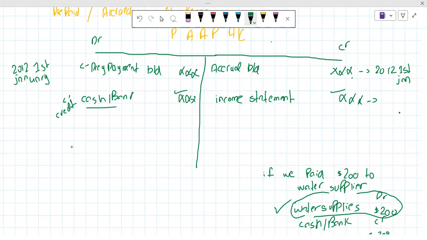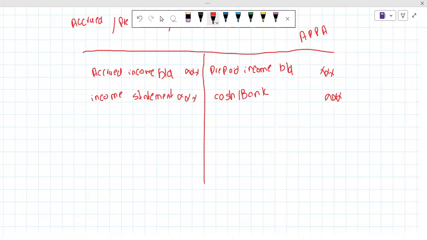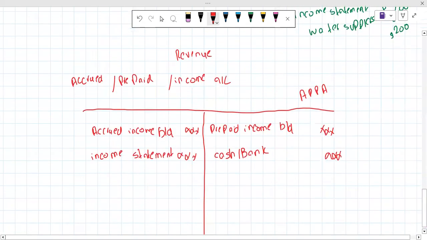And accruals. Okay, so now we are going to discuss the revenue, or we can say the accrued and prepaid income account.